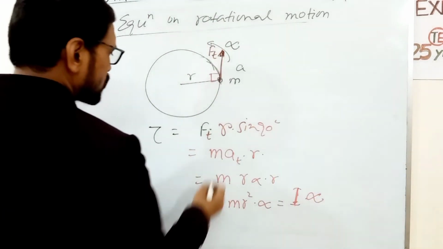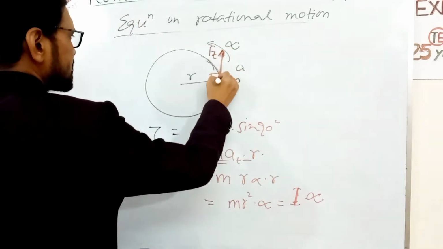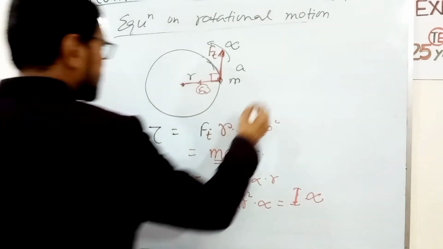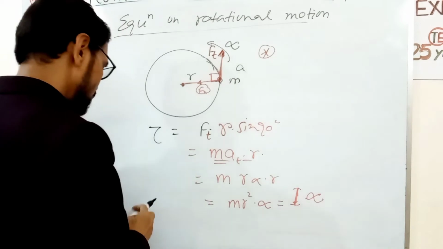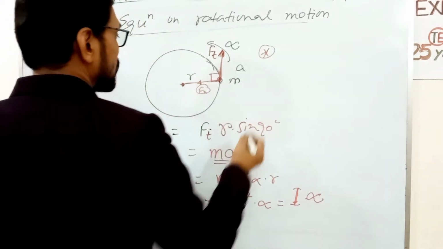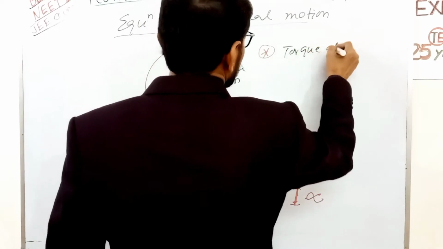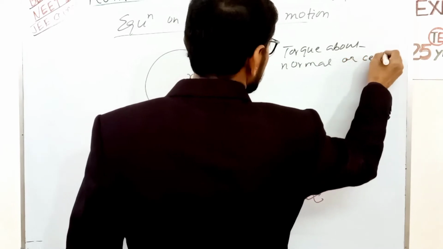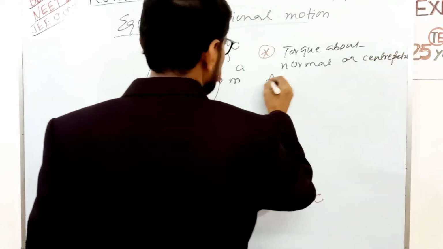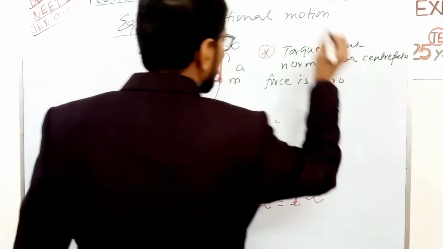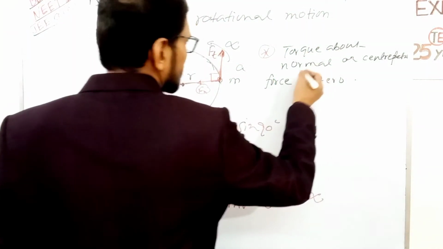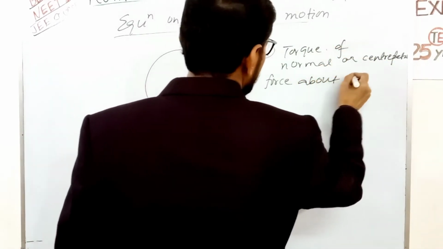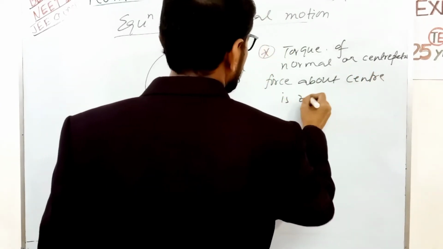So actually torque equal to force into perpendicular distance. Here the tangential force Ft acts. A normal force also acts, but the torque of the normal force, this is a conceptual problem, and an MCQ may come from this concept. The torque of the normal or centripetal force about the center is 0.